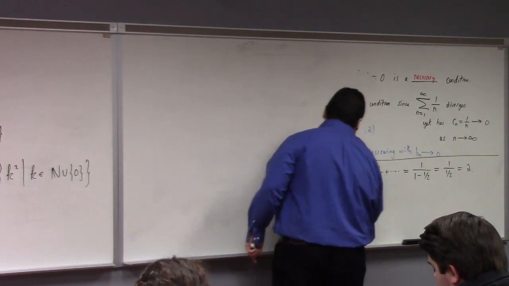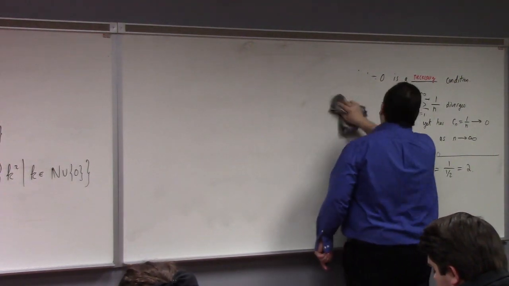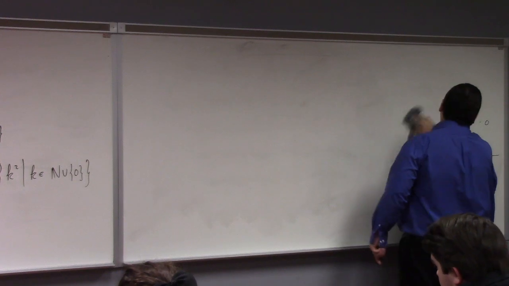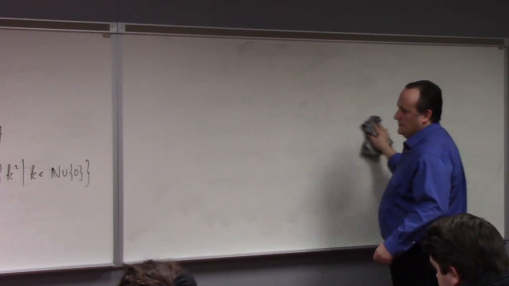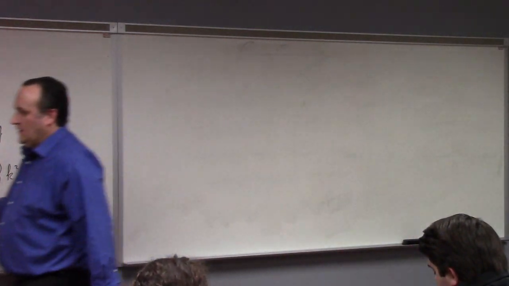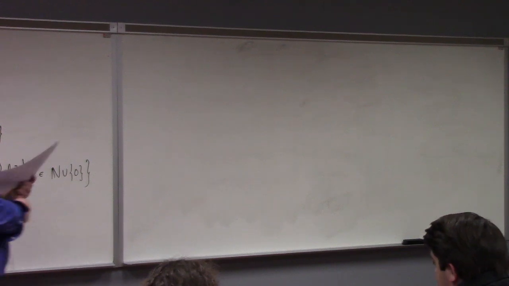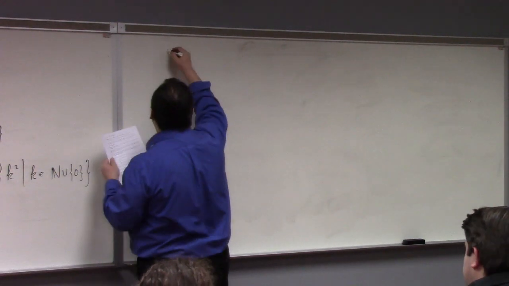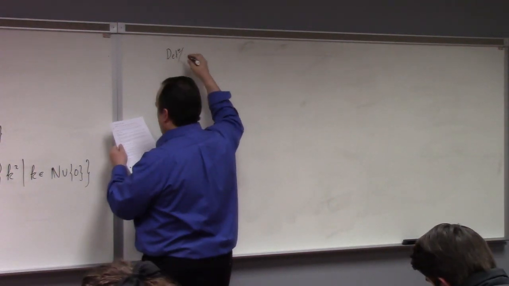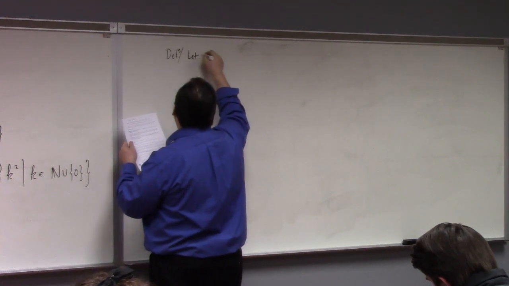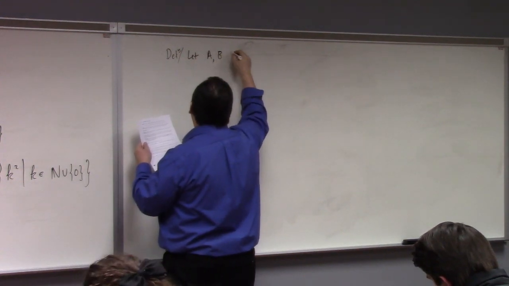So let me get some definitions off my chest here, because we need to learn these definitions. And once we learn the definitions, there's all kinds of fun things to prove here for set theory, right? So, question? No? Okay. First of all, subset. Definition: let A and B be sets.